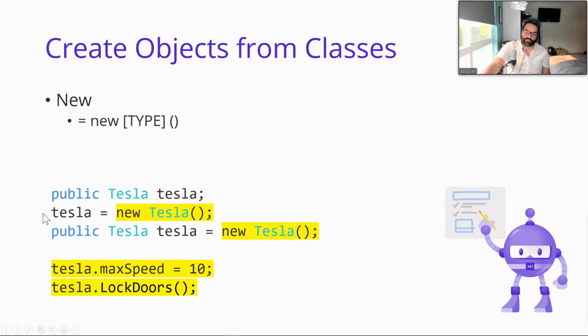And what that will do is it will create a thing in memory that is described as a class, like the Tesla. It will create a Tesla inside of memory and assign it to Tesla.